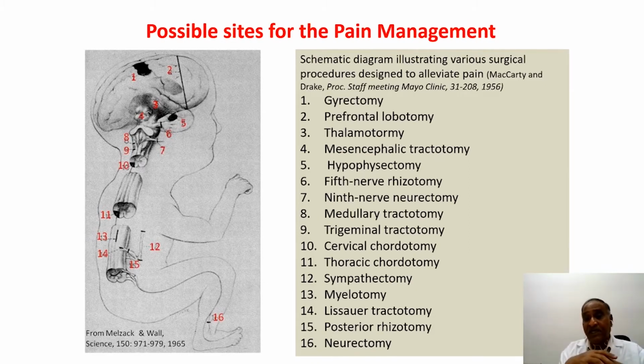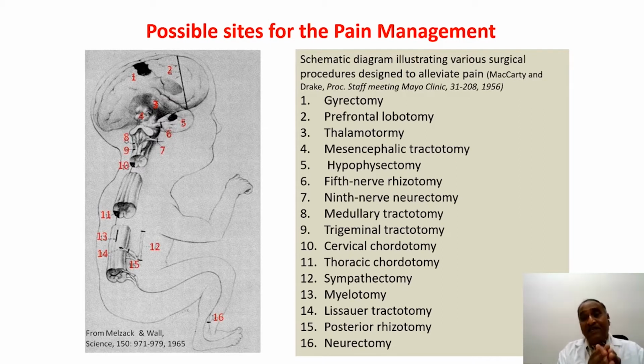Lissauer's tractotomy, Lissauer's tract is severed because it gives inputs to the pain fibers, especially through the substantia gelatinosa cells and other things. They are severed in lamina 1 and 2. Posterior rhizotomy, the posterior root sectioning.